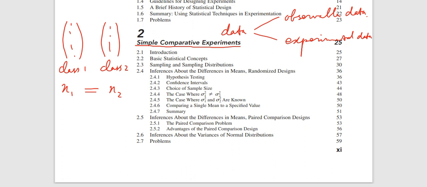But if we can control it, like comparing a medicine with a placebo, then we can split people into two groups with the same number of people, so the sample size is the same. Here we want to prove that when n1 equals n2, this way is better than when n1 does not equal n2.